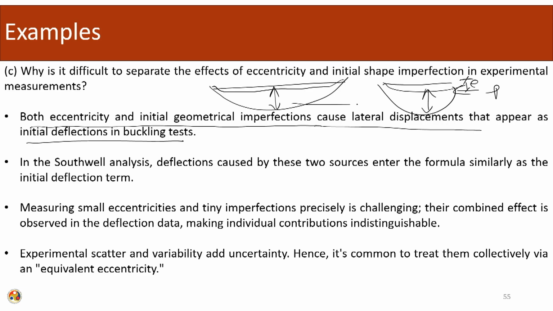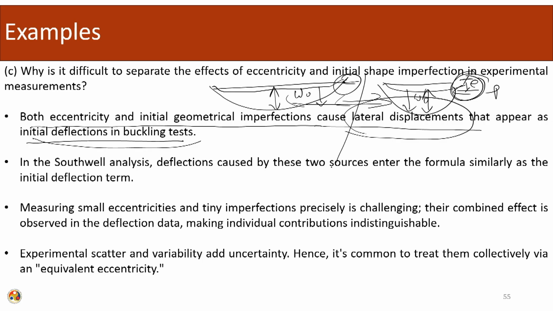Even though the causes are separate, the net effect is similar. Both cause lateral displacement, and they appear as initial deflections in the buckling test. That is why it becomes difficult to separate them out.